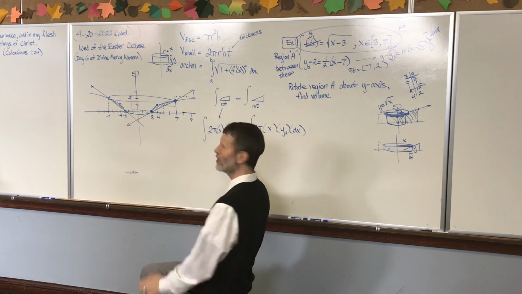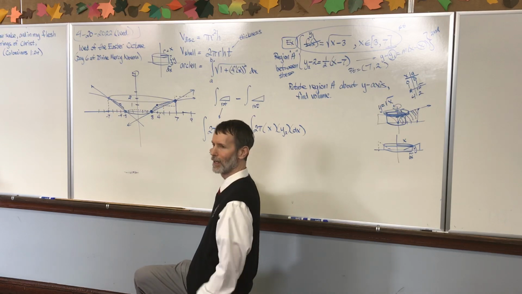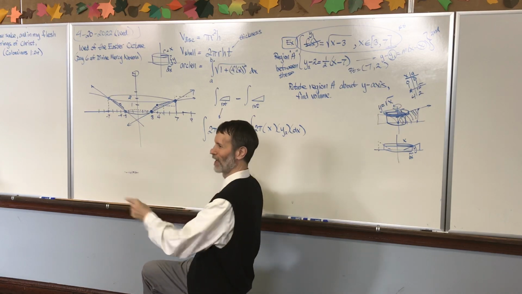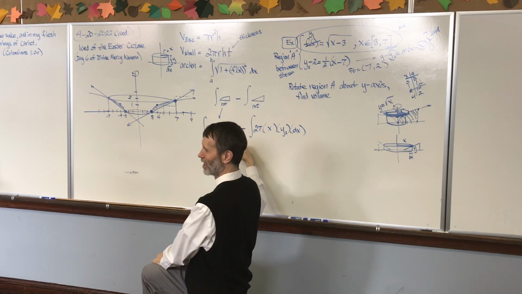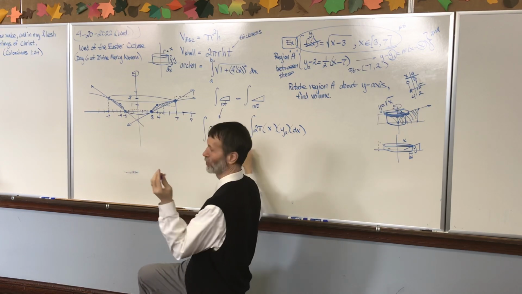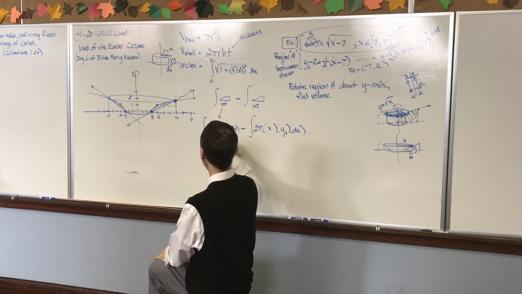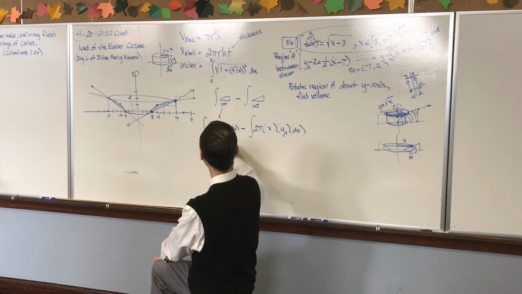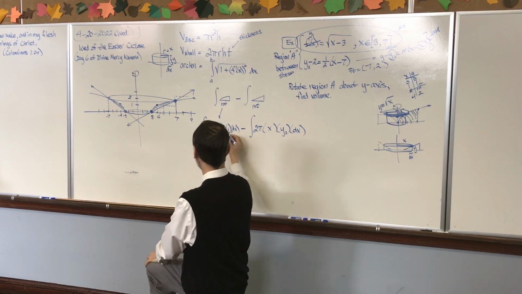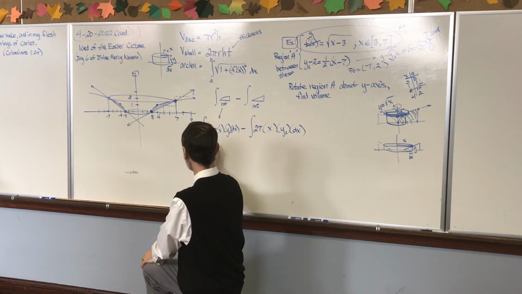Can I do the integral right now? The other one, could I do this integral right now? No, actually there's two things wrong. The y, what should it be? Radical x minus 3. Exactly. I want to replace it with something with x's.